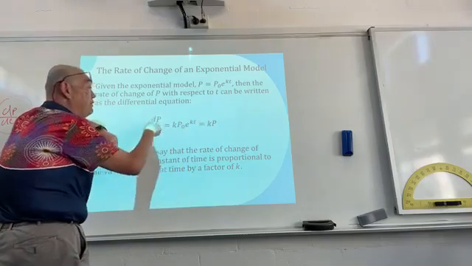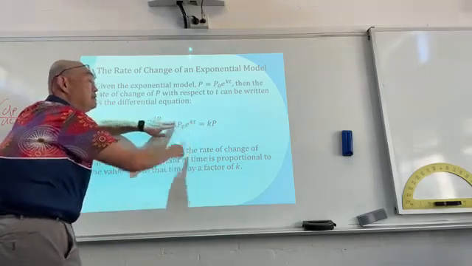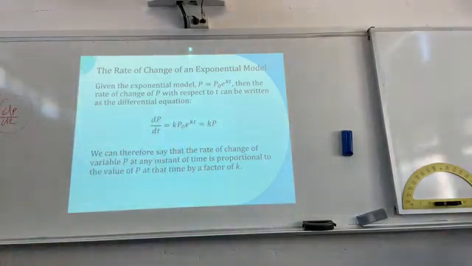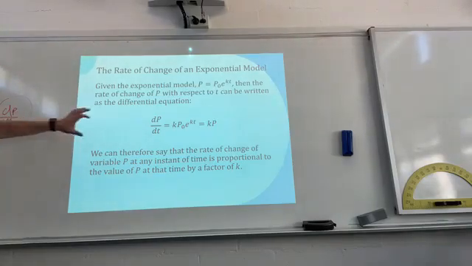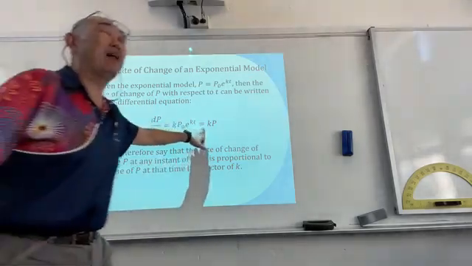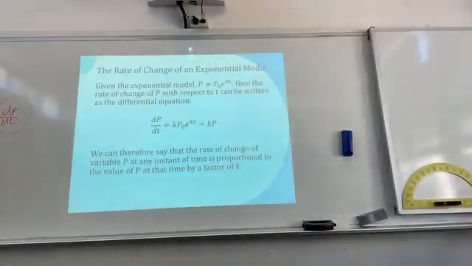If you're given dP/dt equals KP, you can substitute K into that equation. So we can say that the rate of change of variable P at any instant of time is proportional to the value of P at that time, given by a factor of K. This is the important thing: identifying what the constant is.